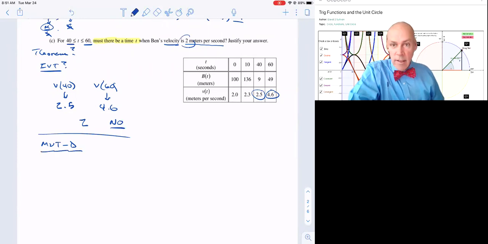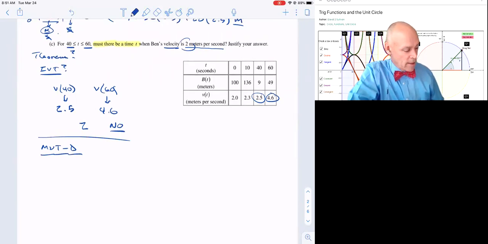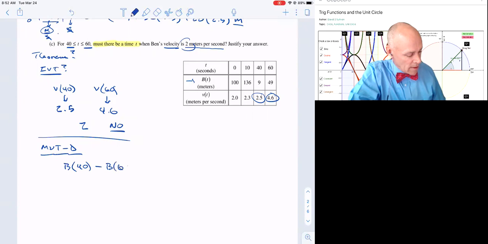got to check and see. In that case, that's going to be saying that now what I'm looking at is not the velocity at that interval, but I'm looking at the meters at those particular times. So I'm going to compare and say, all right, B at 40 minus B at 60 over 40 minus 60.